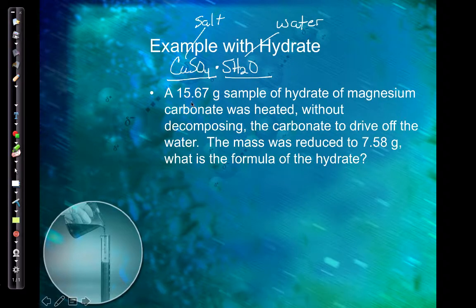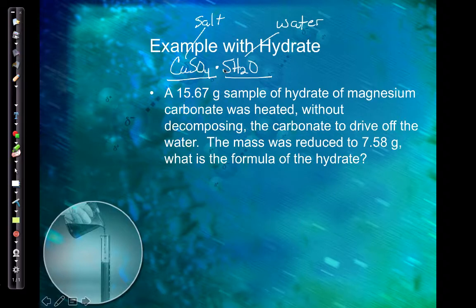So in this problem, we have a 15.67 gram sample of a hydrate of magnesium carbonate that was heated without decomposing the carbonate, so they heated it up to drive out the water. The mass was reduced to 7.58 grams. So the mass originally was 15.67 grams.